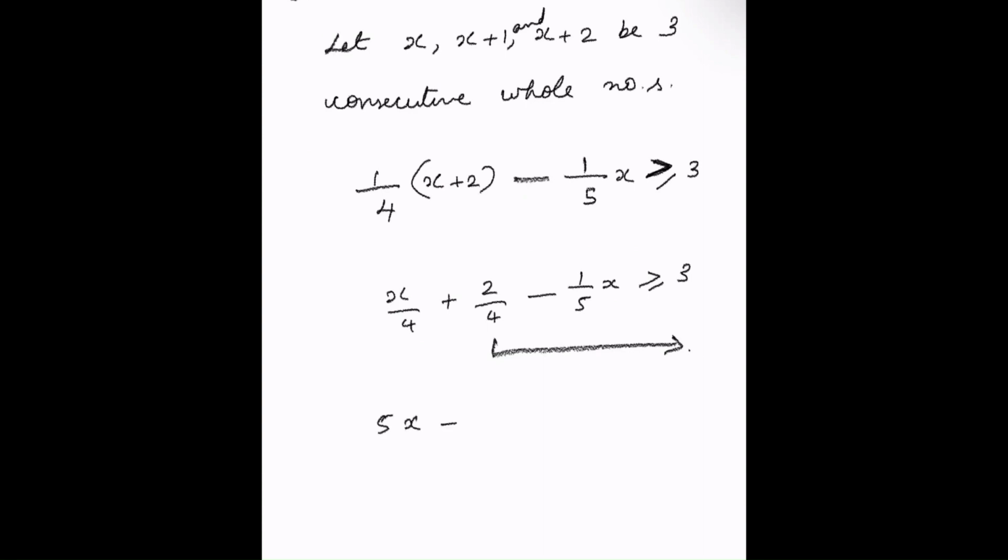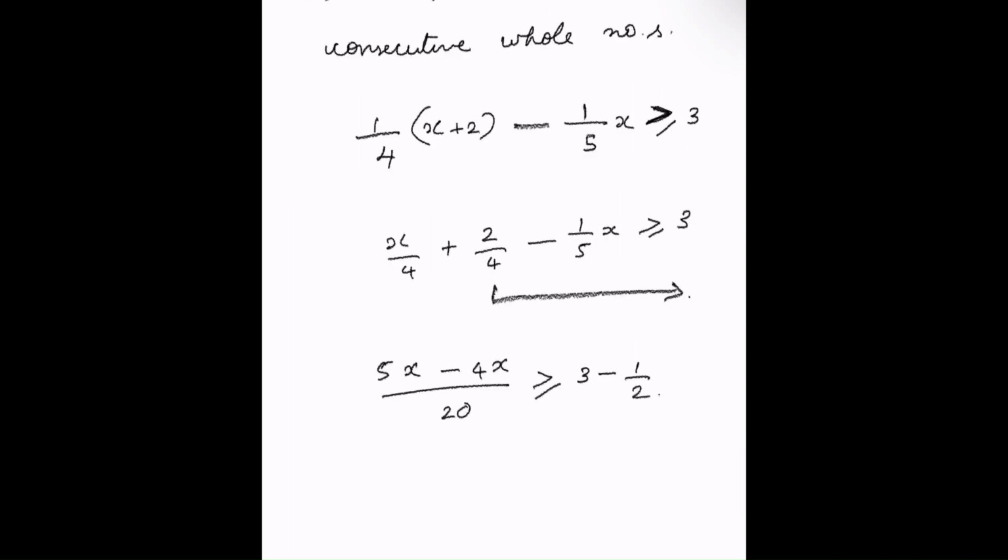It will become 5x minus 4x by 20 greater than or equal to 3 minus 2 by 4. What is 2 by 4? 2 by 4 is nothing but 1 by 2, right? This is x by 20 greater than or equal to 3 minus 1 by 2. What is 3 minus 1 by 2? 3 minus 1 by 2 is 6 minus 1 by 2, which is 5 by 2, right?